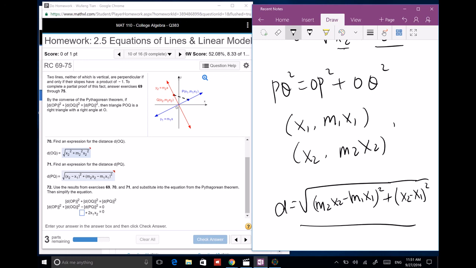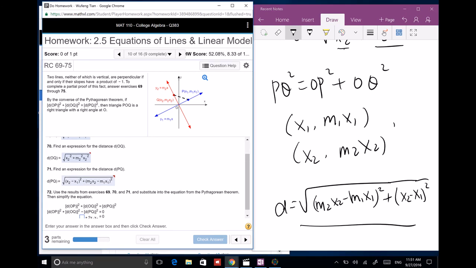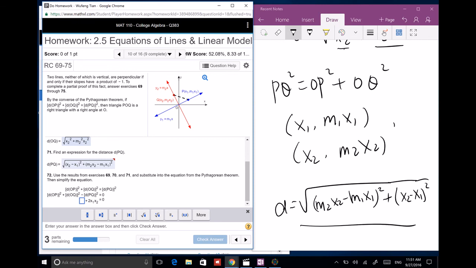Use the result from part 6 and 9 and substitute into the Pythagorean theorem. Basically, OP squared plus OQ squared, minus PQ squared.